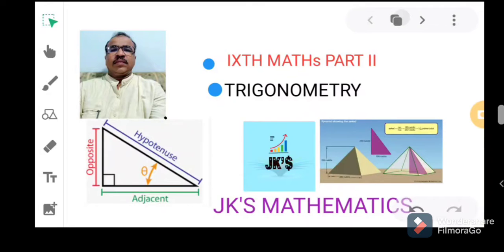Okay friends, before this video we have studied the basic concepts related to trigonometry, that is the sine ratio, cos ratio, tan ratio, as well as the relation between them, that is the relation between sin theta and cos theta.